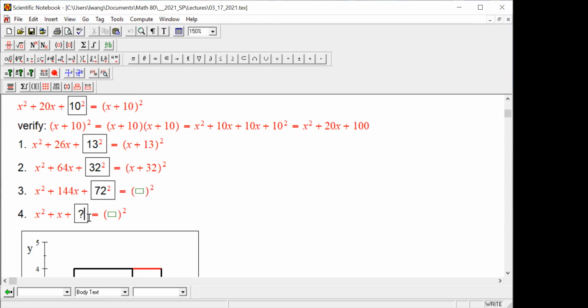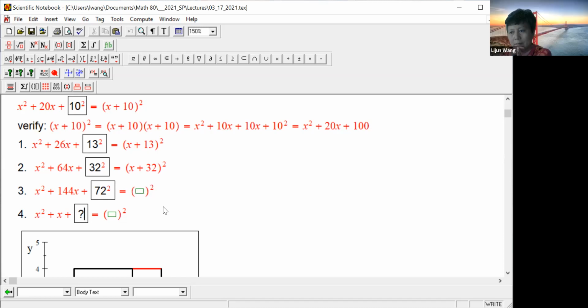The last one. What should that number be? What number is in front of x? Oh, wait, we need to complete this one. x plus 72. Right? What number is in front of x?